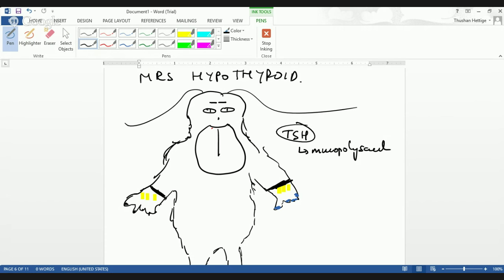Can that be the growth hormone? Very good. Growth hormone, acromegaly. Yeah, good. Acromegaly. Growth hormone excess can also give you a ginormous tongue. Now let's put her tongue back in her mouth.